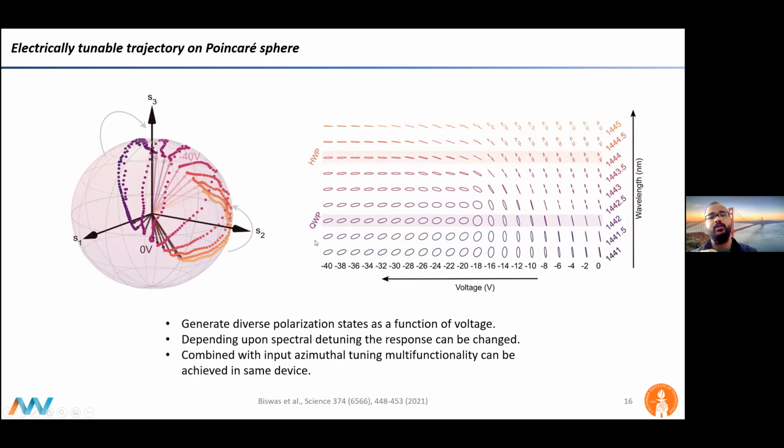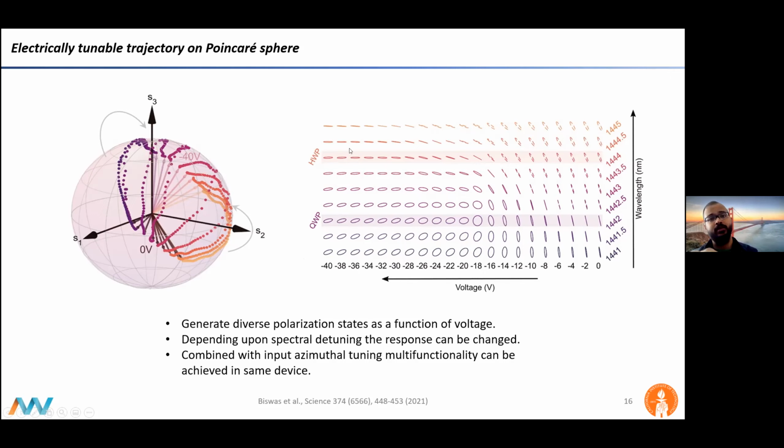You can see that at some wavelengths, we can make it a quarter wave plate as we go from linear to circular. At some wavelengths, we can make it a half wave plate where you go from linear to cross linear. And then obviously you can have other polarization states as well, which are elliptically polarized states. And so this is a tremendous dynamic range, because now you can see we're covering almost half the Poincare sphere with voltage, and that's quite a lot for most applications.